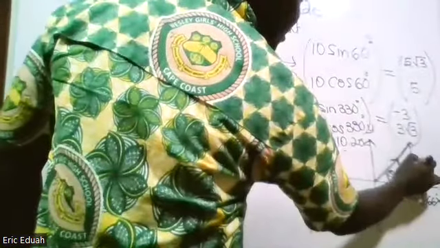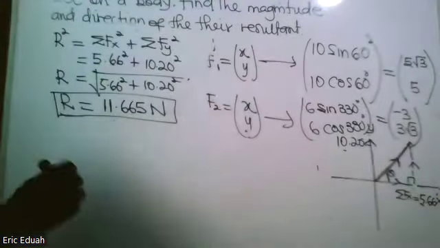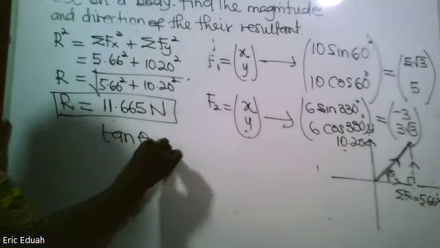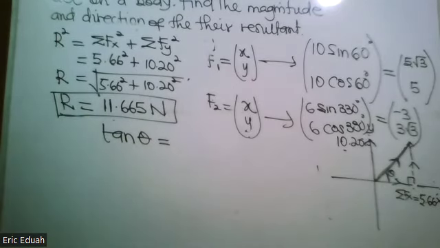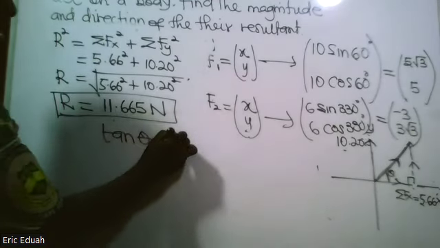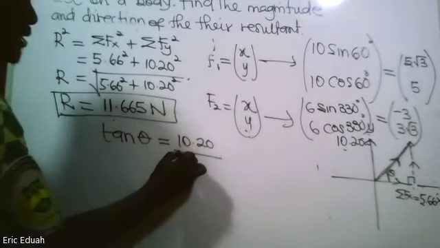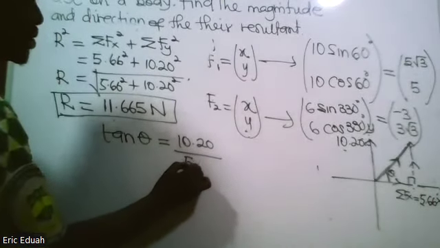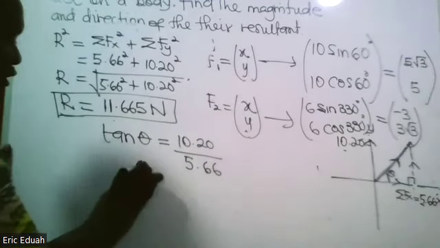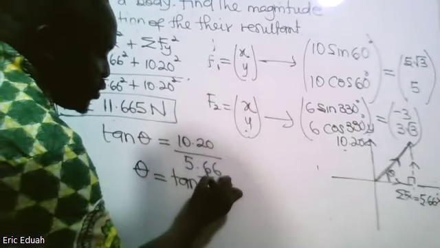Once I have the opposite, which is summation Fy, and the adjacent, I can use tan. Tan theta, where theta is the angle of the direction, is equal to opposite, which is 10.20, divided by adjacent, which is 5.66. Theta therefore is equal to the tan inverse of this ratio.